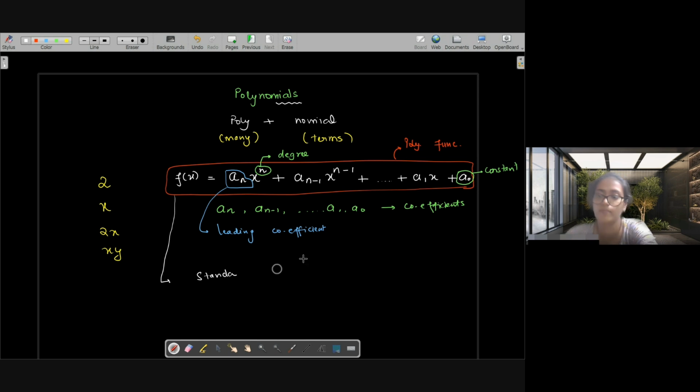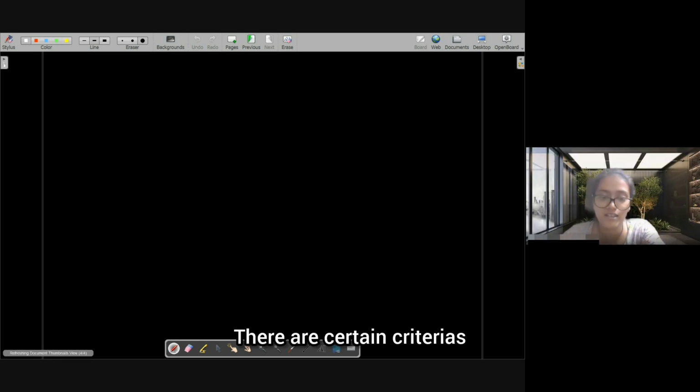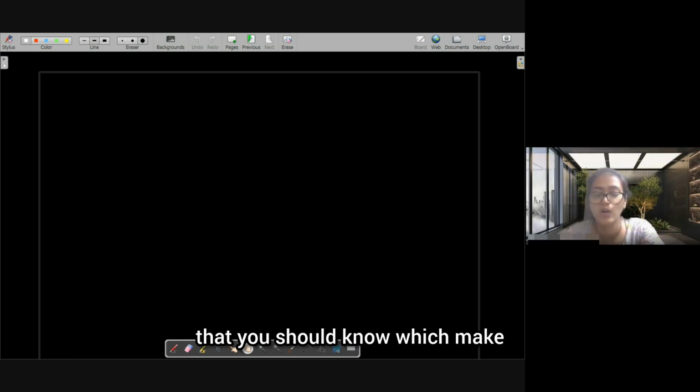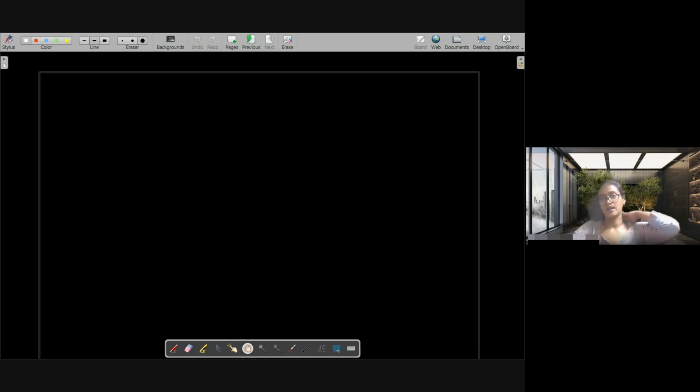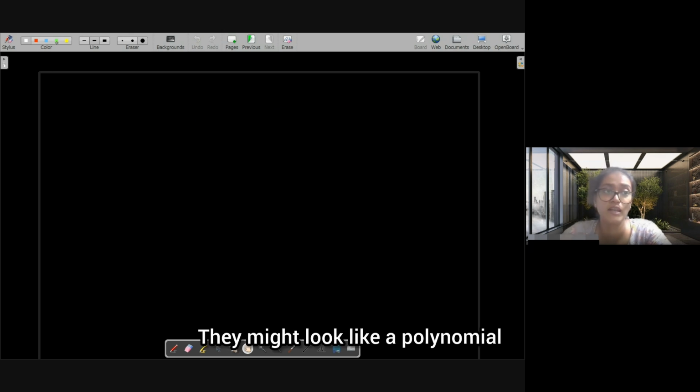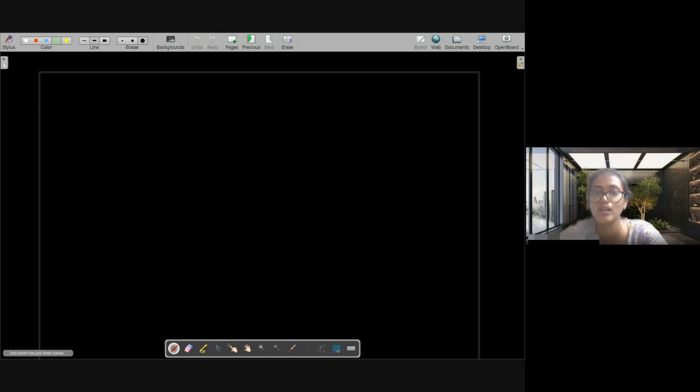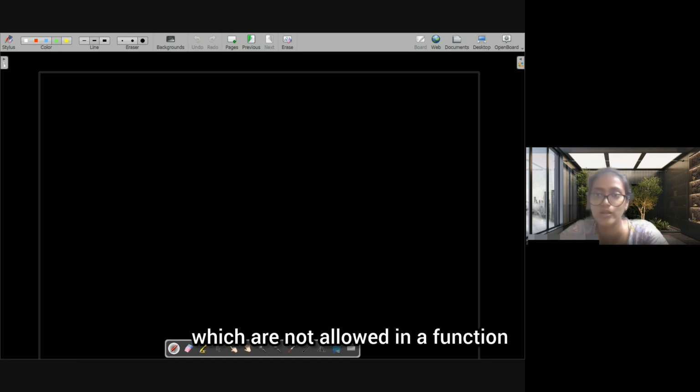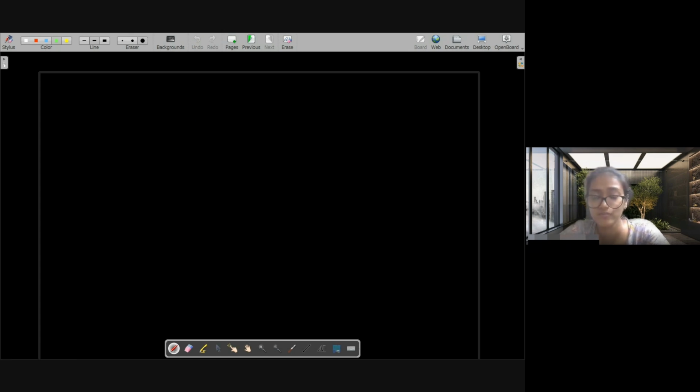There are certain criteria that make a polynomial a polynomial. Some functions might look like a polynomial but will not be. There are some conditions which are not allowed in a function to make it a polynomial.